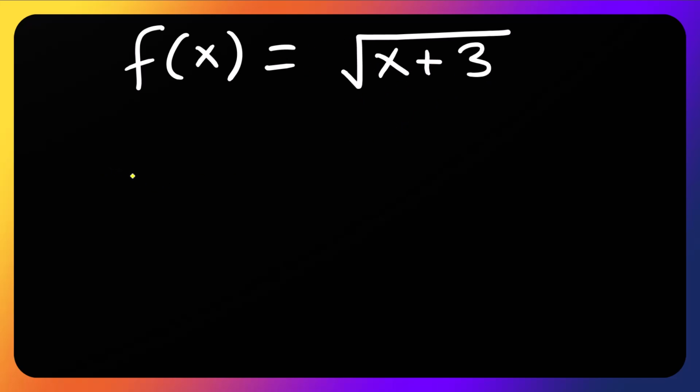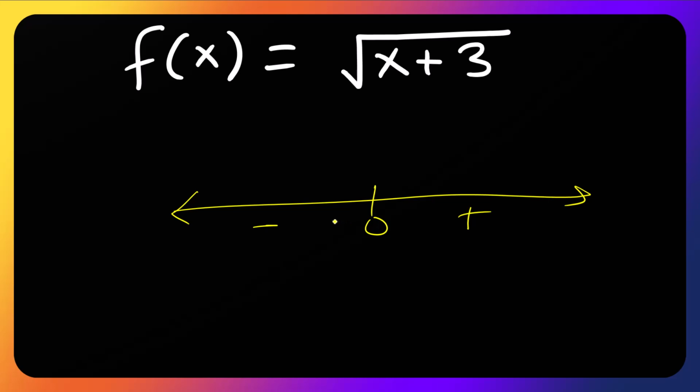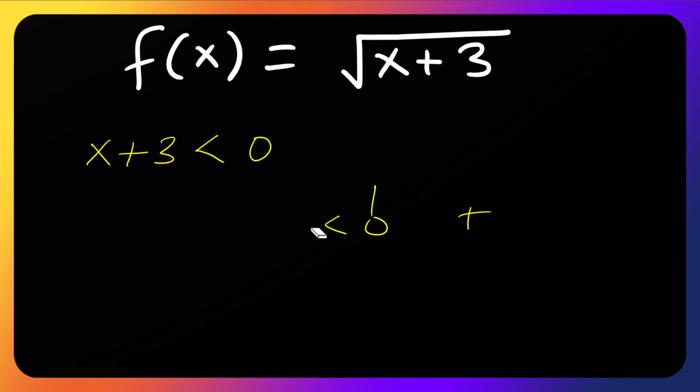Anything less than 0 is negative, because on the number line, if you have 0 here, we have plus and we have minus. So to state the domain, when x plus 3 is less than 0, this one will be undefined, and we can proceed that when x is less than minus 3, this one will be undefined.